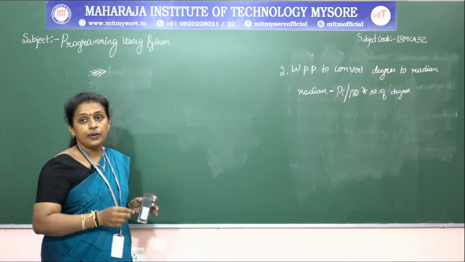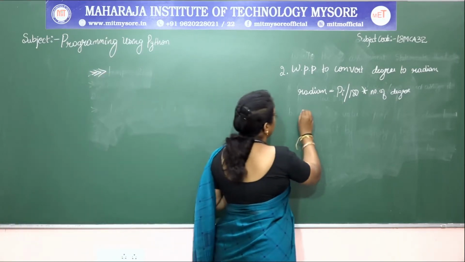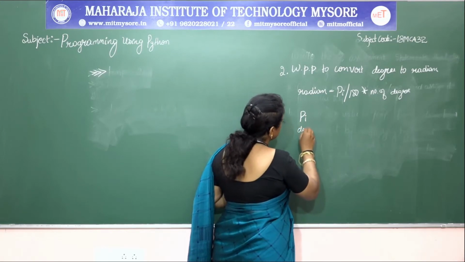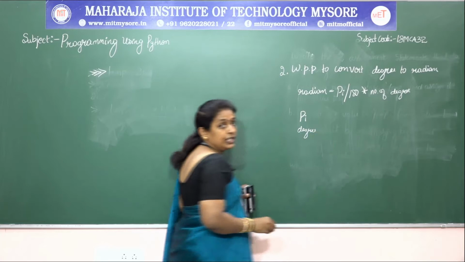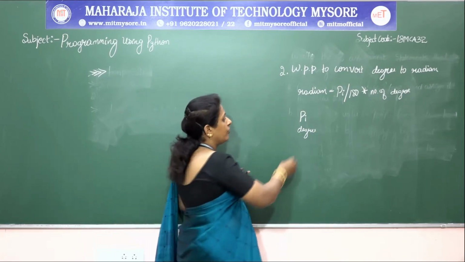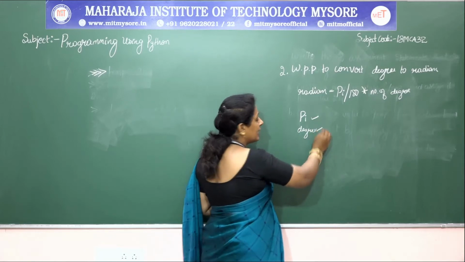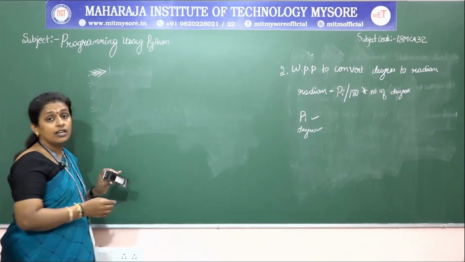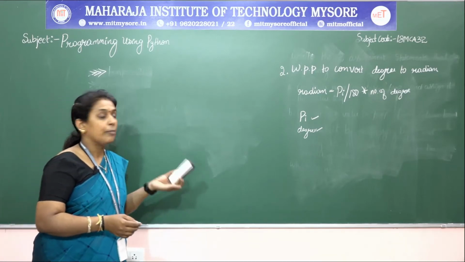What are the things we required? We required pi value and we required degree. So we need to create two variables with respect to this program. One is pi value, and another one is a degree. So let's assign a value for pi.